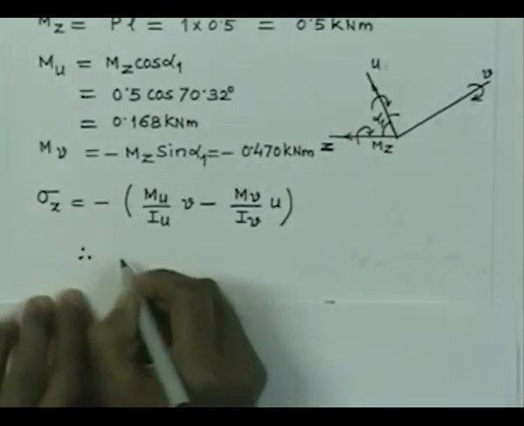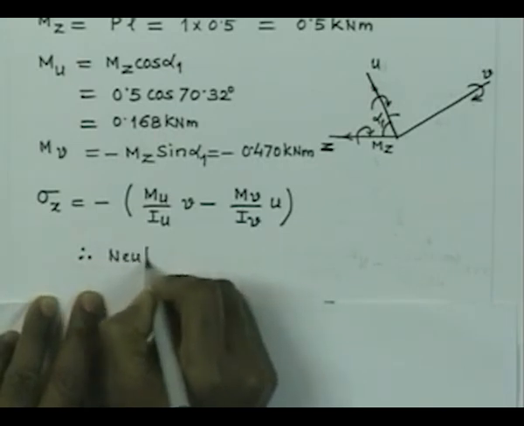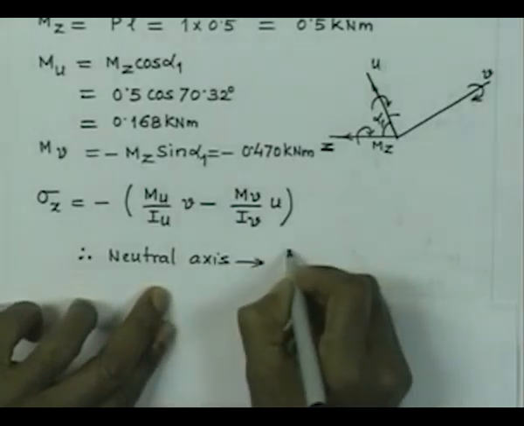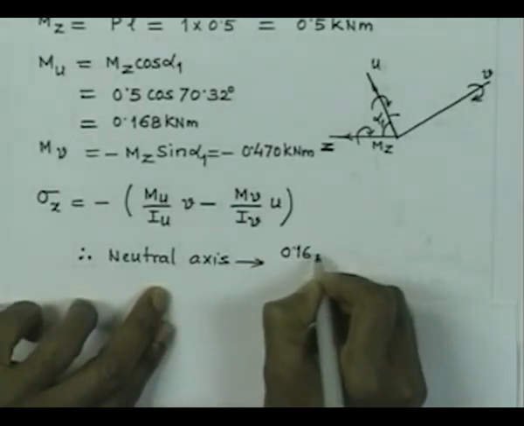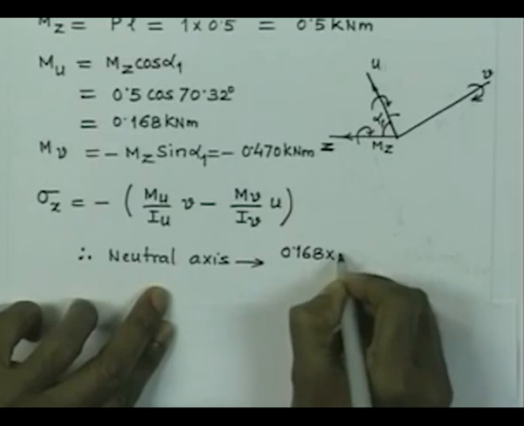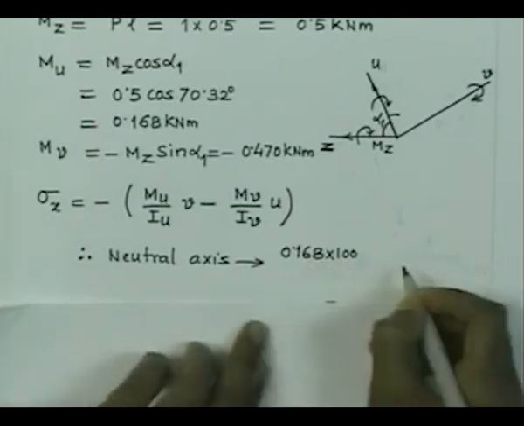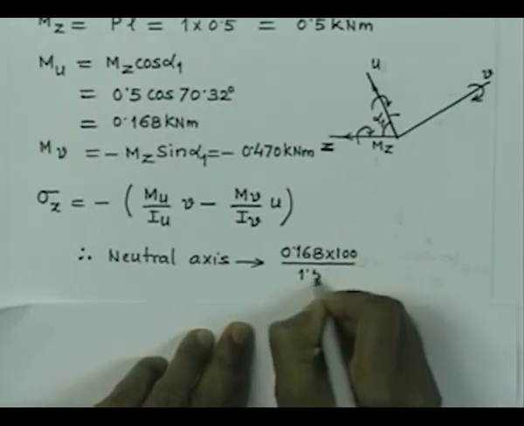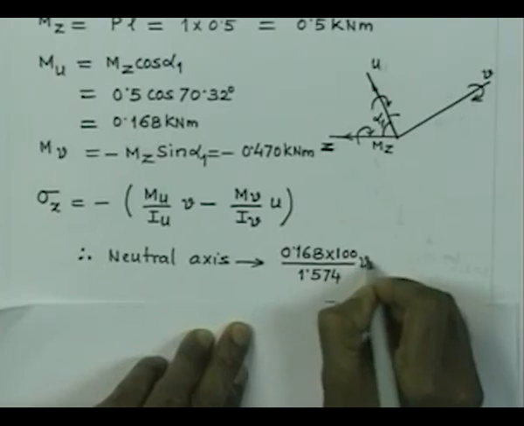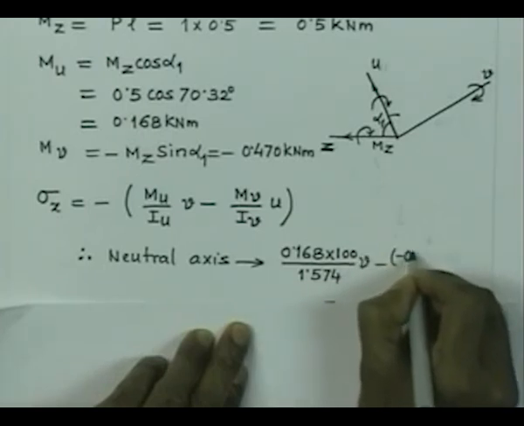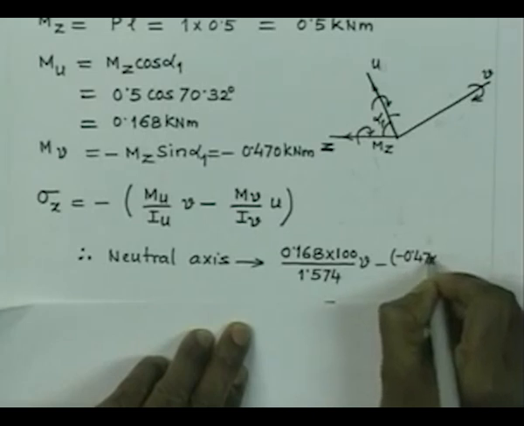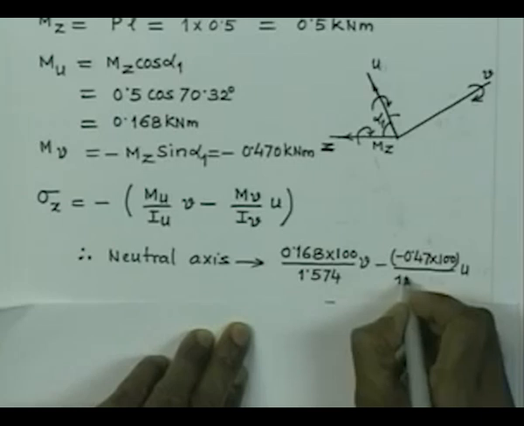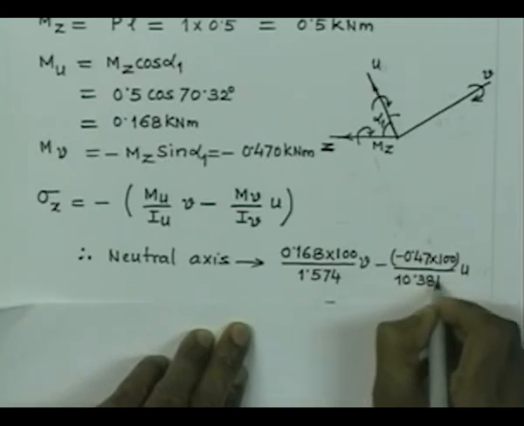So, therefore, for the neutral axis, we must have, we substitute the value 168, and I consider it to be kilonewton centimeter, that is why I multiply by 100, and this is 1.574 V minus 47 into 100 into u divided by 10.384 equal to 0.